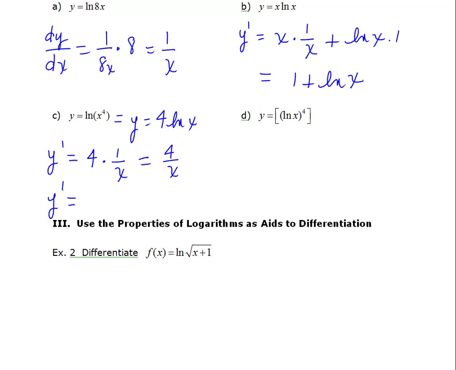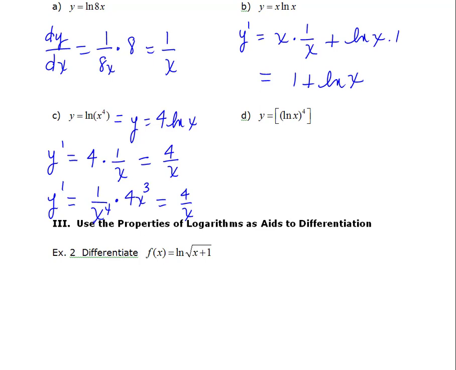And so we would get 1 over x to the fourth times the derivative of what's inside, which is 4x cubed, and that will cancel and simplify to 4 over x. I highly recommend taking advantage of the properties of logs. You'll see in a few of the problems that we're going to do that understanding the properties of logs makes the derivatives much easier to find.